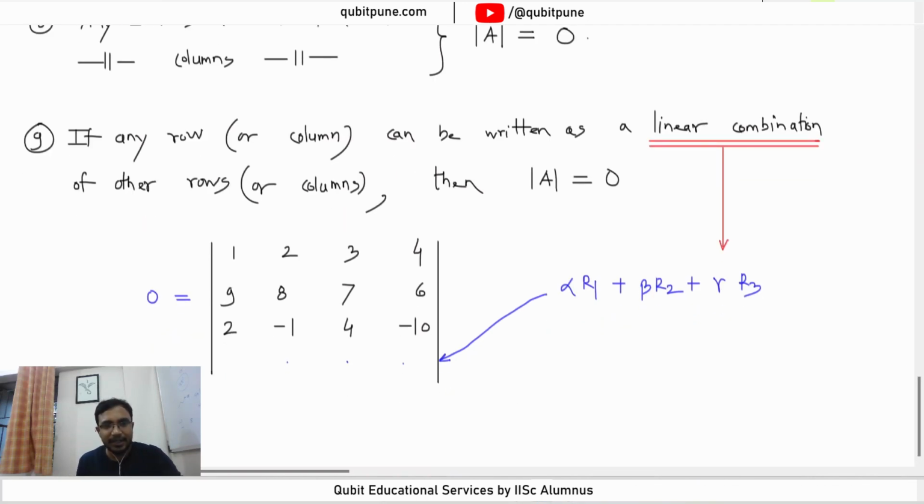Tell me any values of alpha, beta, gamma that you want, preferably non-zero. What values shall we take? Come on, any three values you tell me. Okay, alpha 3, beta negative 2, and gamma 4.